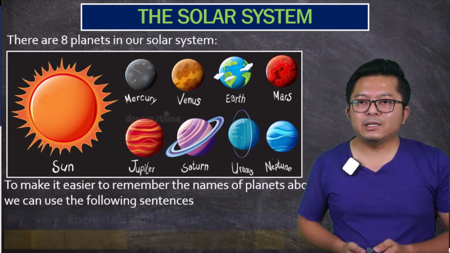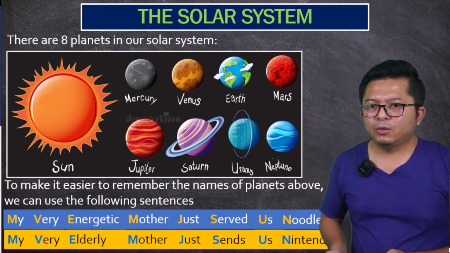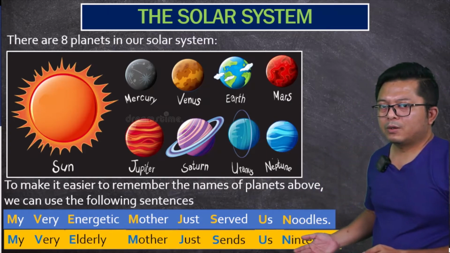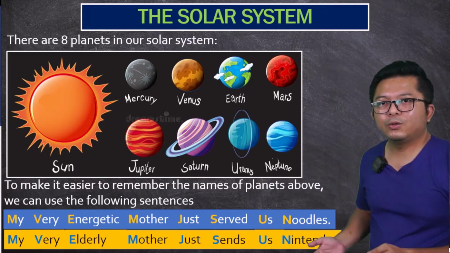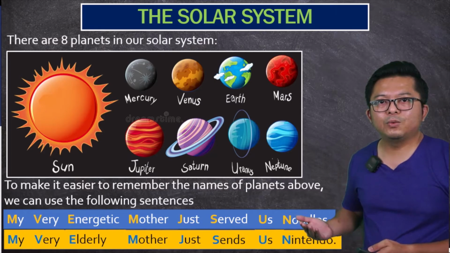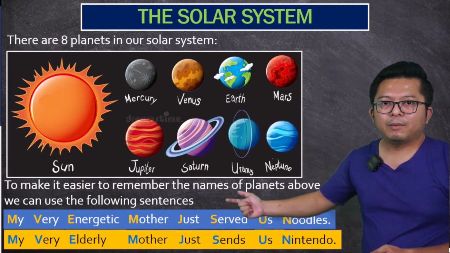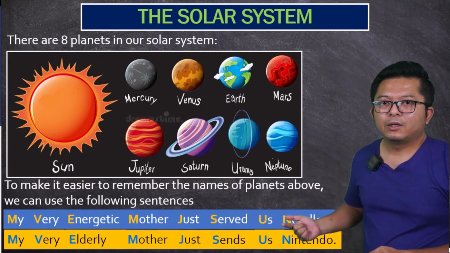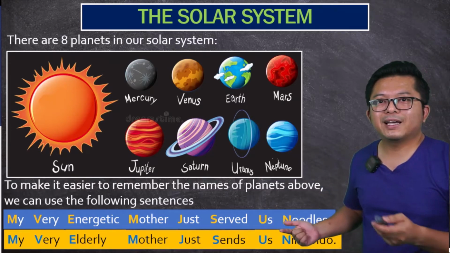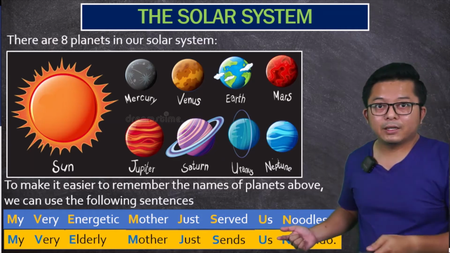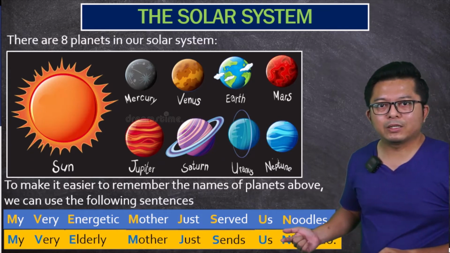So to make it easier, there are 2 simpler ways that you can use to remember. These words are easy to remember. Just remember that every first word represents a planet in our solar system.